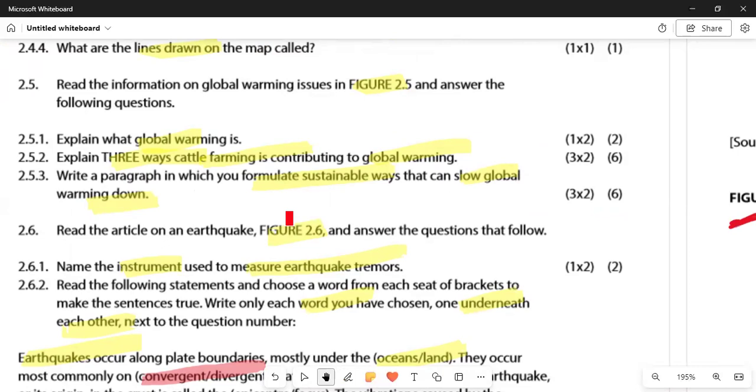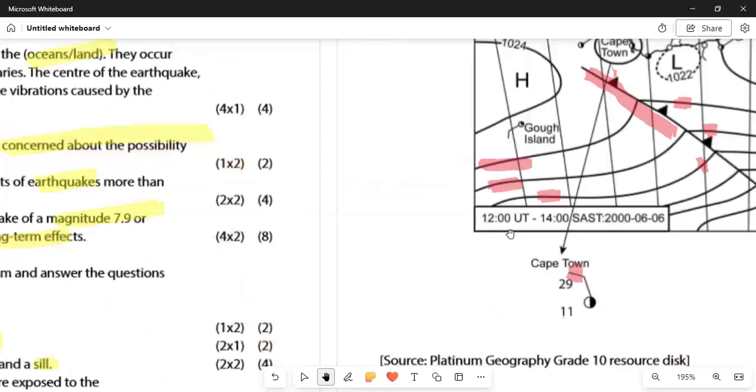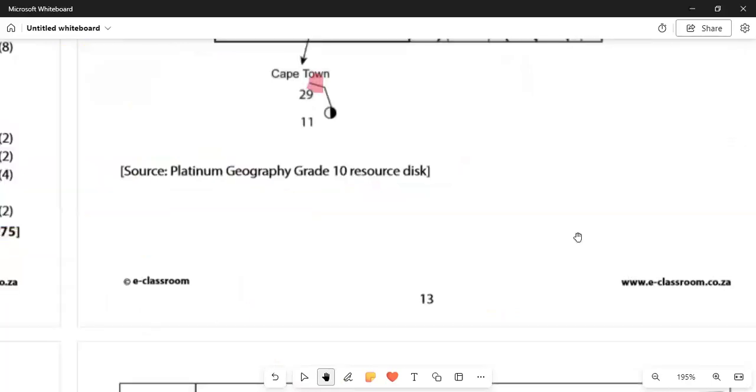And then in 2.5.3, write a paragraph in which you formulate suitable ways that can slow global warming down. So we want ways that cattle, remember that these cattle are transported, they are overgrazing. So these are the ways that they can lead to global warming. And then we want a paragraph whereby you are formulating suitable ways or strategies that can slow down global warming. That is 2.5.2 and 2.5.3.